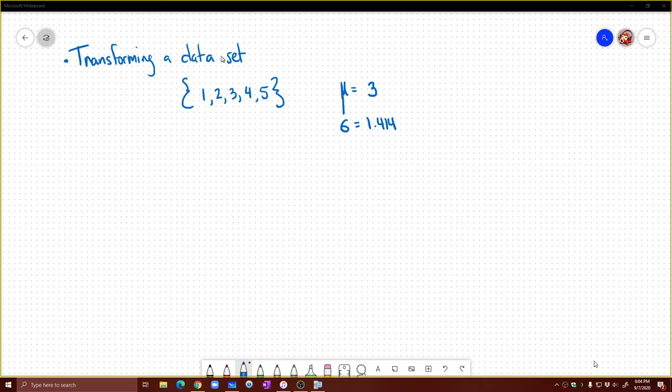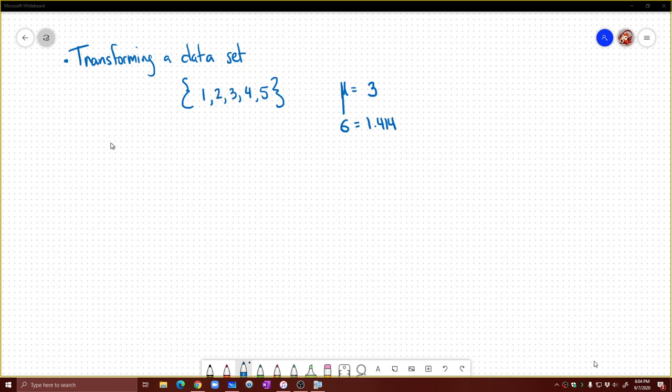So I've gone ahead and I've created here for us an example data set. So 1, 2, 3, 4, 5, those are the numbers in our population. And I've gone ahead and I've calculated already the mean and standard deviation for that data set. So we're going to do a few examples of what happens to these values, to these statistics, when we apply a uniform transformation. So let's say, for example, this is the scores on an exam.